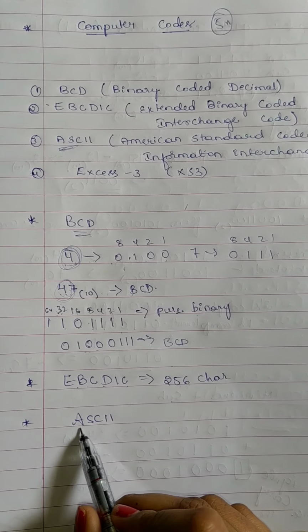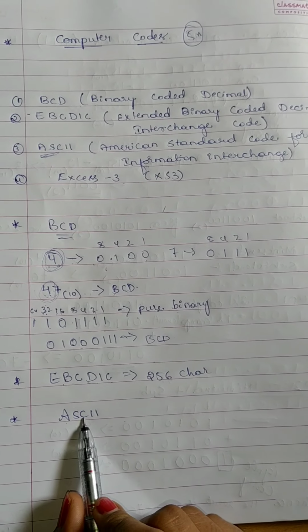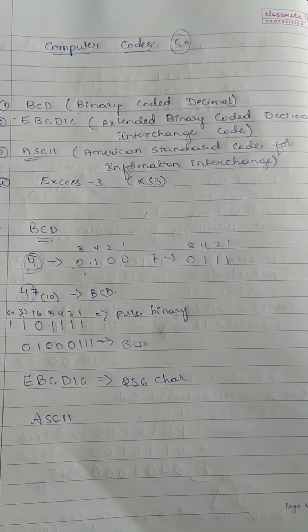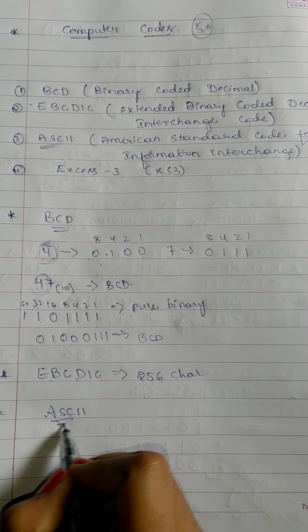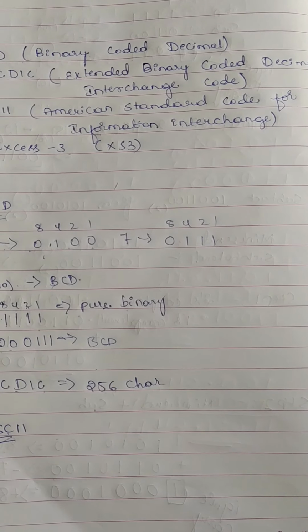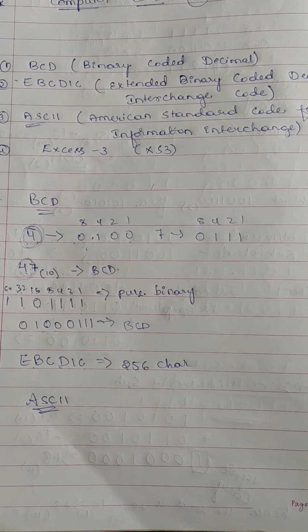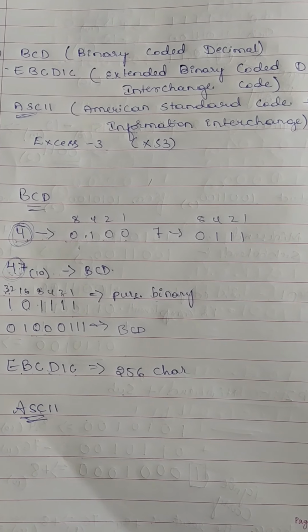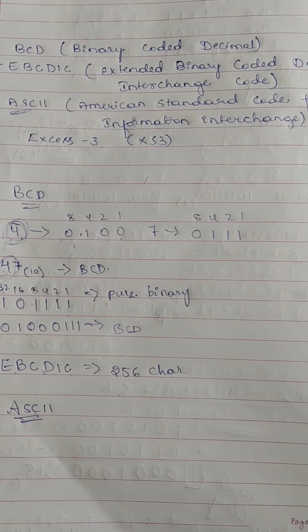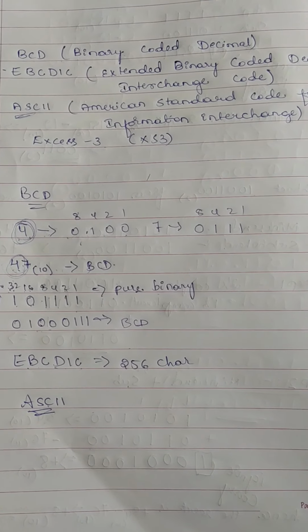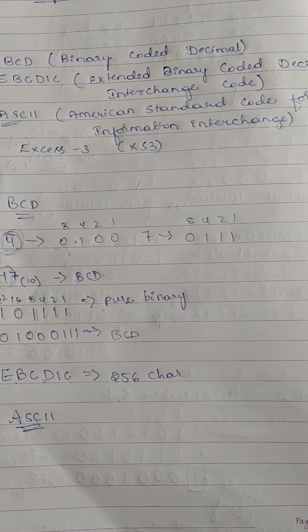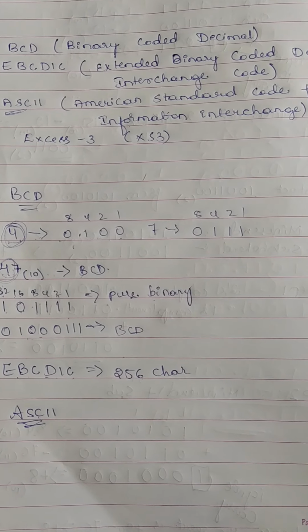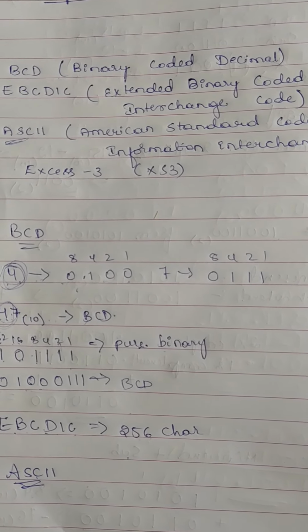So the next format is ASCII, that is American Standard Code for Information Interchange. This is very important and the most commonly used type of code representation. It is the most widely used alphanumeric code, that is it can have both alphabets and numerals, and it is most used in microcomputers and minicomputers, and even in many mainframe computers too. This type of code allows manufacturers of various computers to have standard codes.